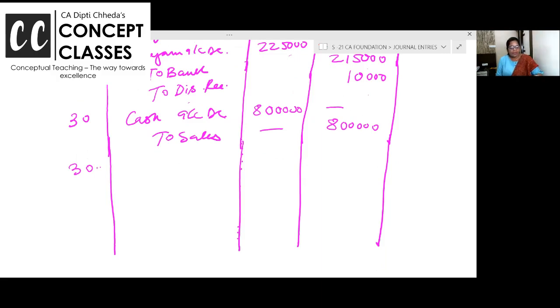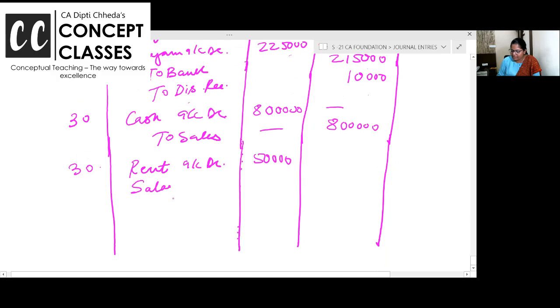Last entry, paid rent and salary. So these are expenses, debit. Rent account debit 50,000, salary account debit 1 lakh, to bank 1,50,000.